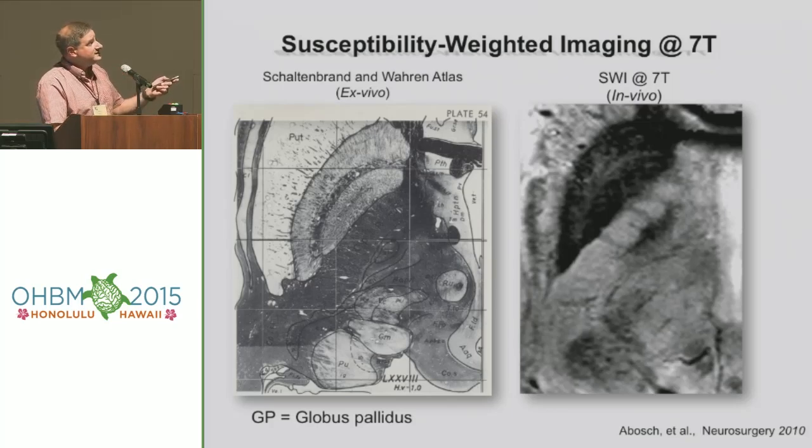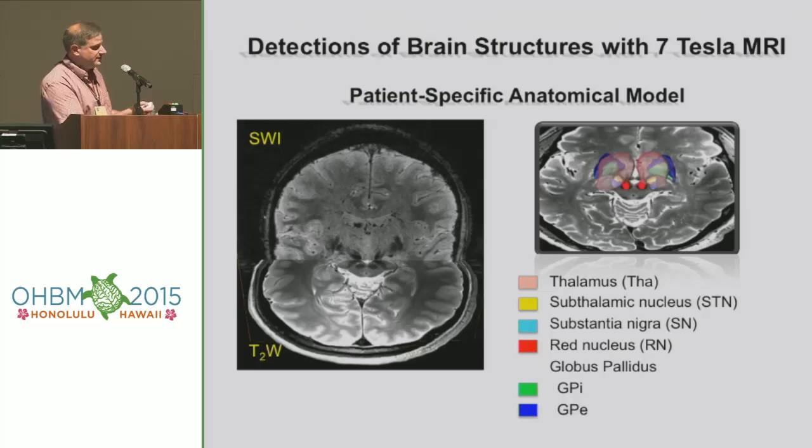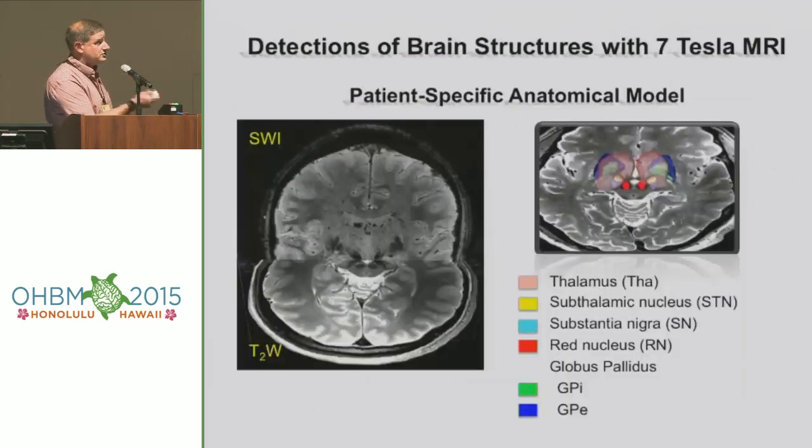On the left, we can see a slice through the globus pallidus. On the right, you can see the GPI and the GPE. And if you superimpose the atlas, you can see not only the borders between them, but also the lamina between the two. So once again, it buys you a lot of information when you push the resolution.